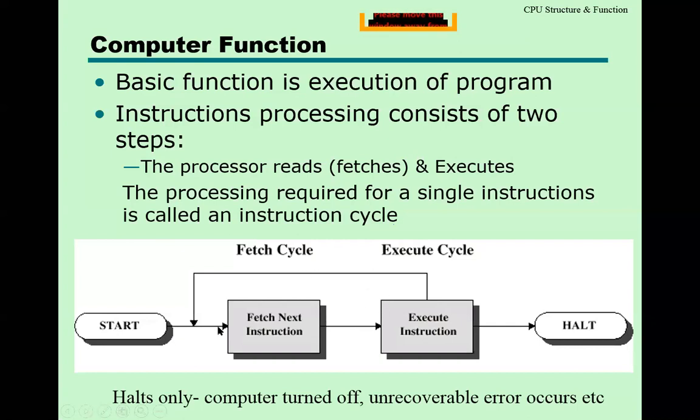So here you can see the loop. We can say this complete processing required for a single instruction is called the instruction cycle. For one instruction execution, the fetching and execution are required, so it is one complete cycle.